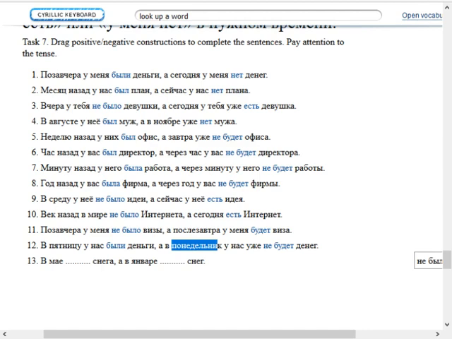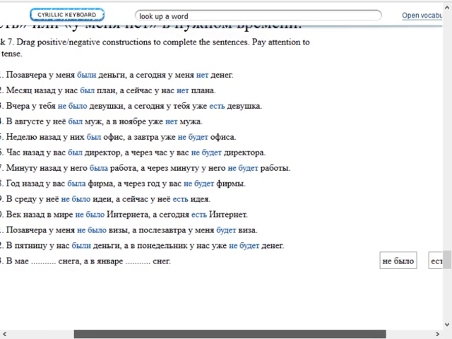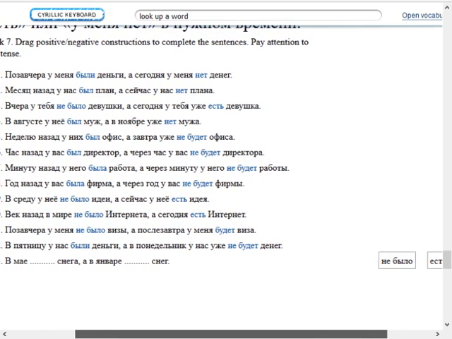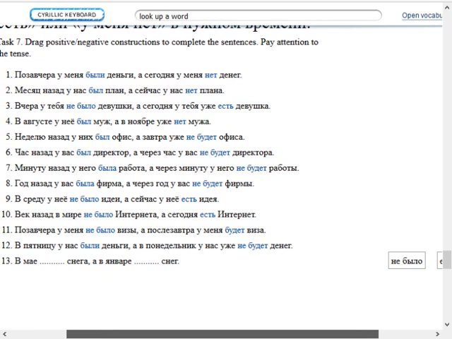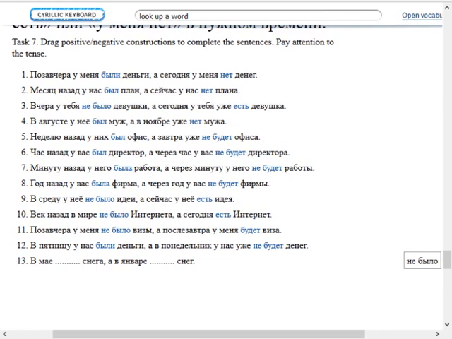Okay, either way, we will not have money. Okay, this should actually be "нет." Okay, I see. "В мае нет снега." In May there is no snow.